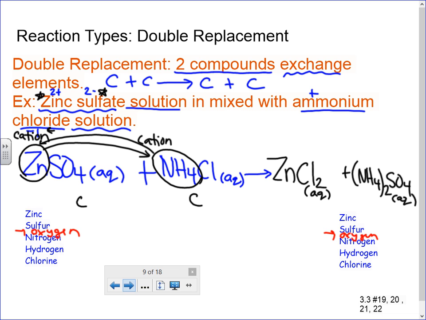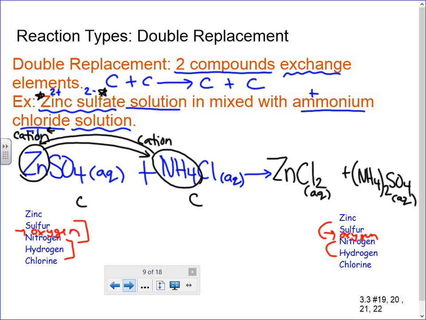Now when we're balancing, we can consider the polyatomic ions as if they were one thing, or we can count the atoms individually. I like to consider them as one thing, so I'm going to count sulfur and oxygen together, and I'm going to count nitrogen and hydrogen together, because those are my polyatomic ions.